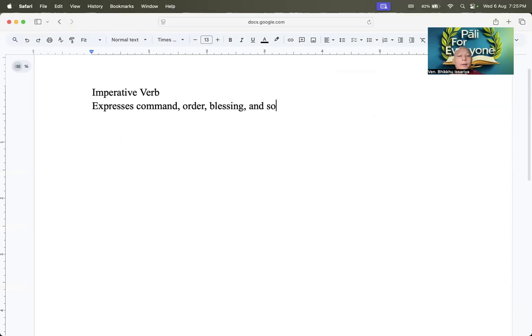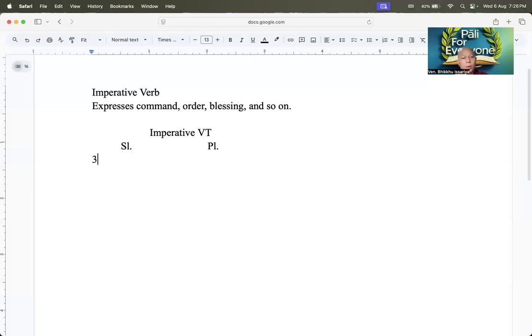Okay, and so on. So now the imperative verb is very close to the imperative verb termination. So singular and plural.